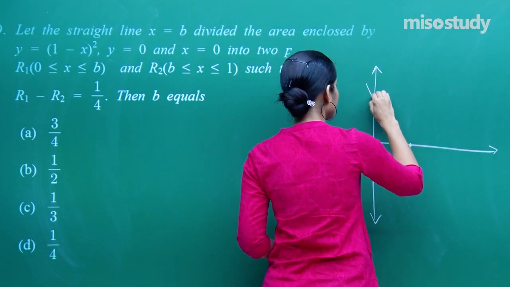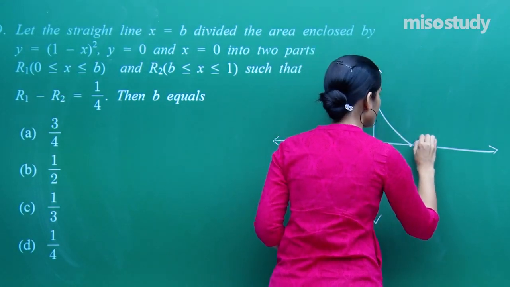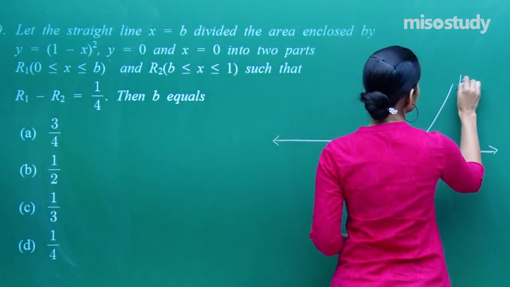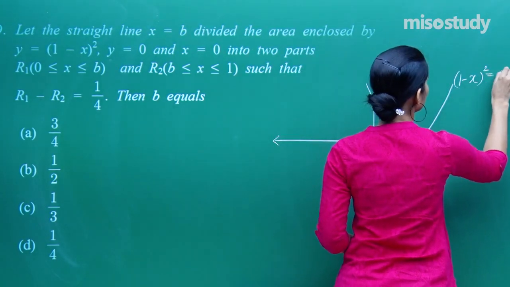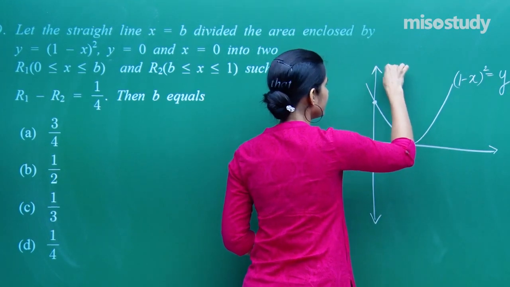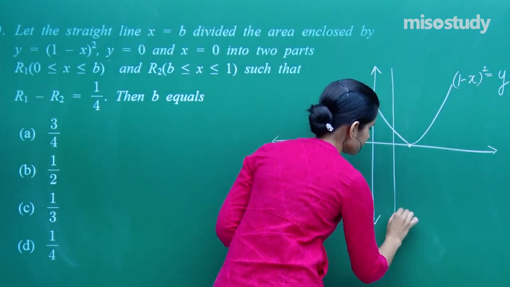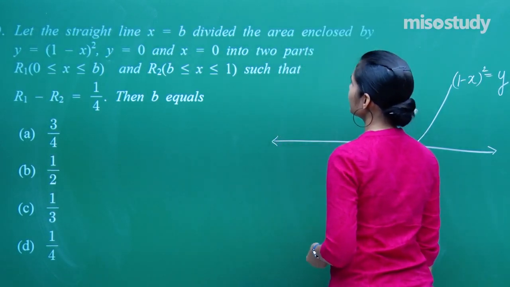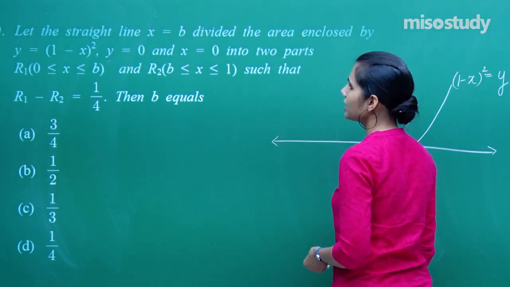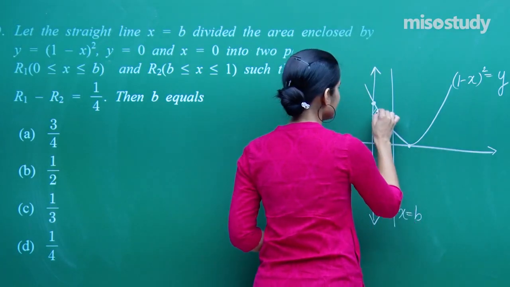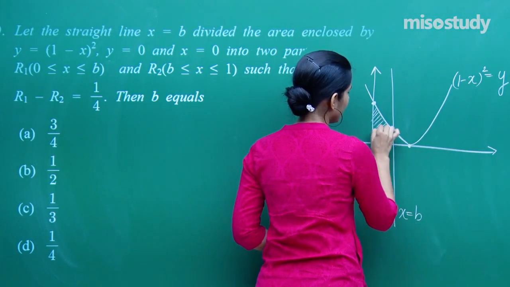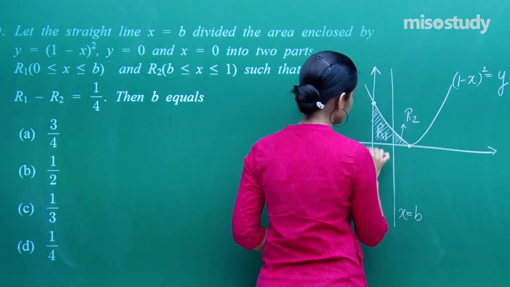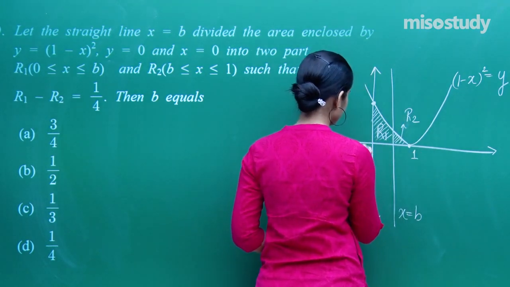You basically are going to see this is such a parabola. This is 1 minus x whole square. So there is some line x equals b. x equals b divides this area basically into two parts, R1 and R2. This is R1 and this is R2. This is 0, this is 1.